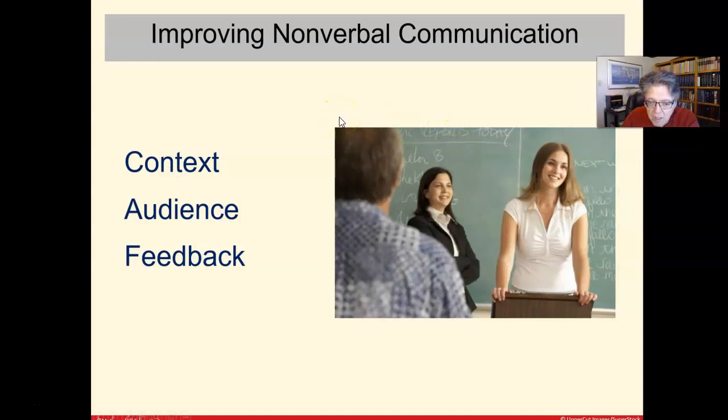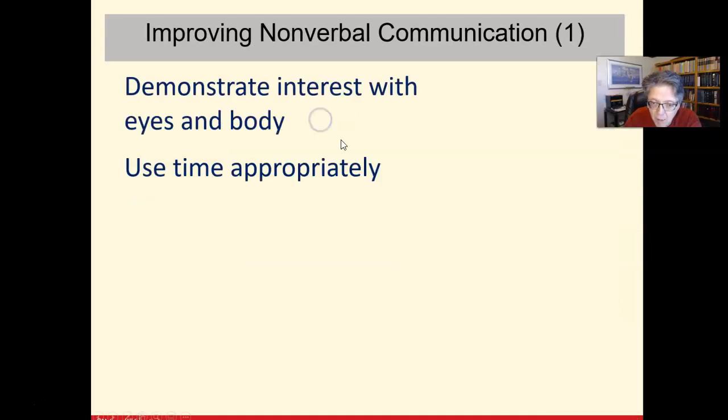Various ways that we can improve our nonverbal communication. Number one is in understanding the context that we're in, knowing who our audience is, knowing how to provide appropriate feedback. Also being able to demonstrate interest with both our eyes and body contact, using our time properly as well.